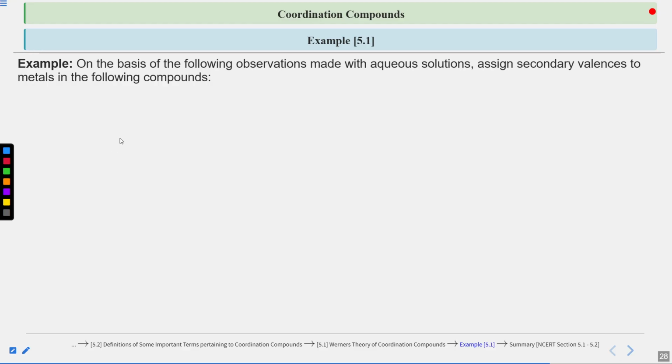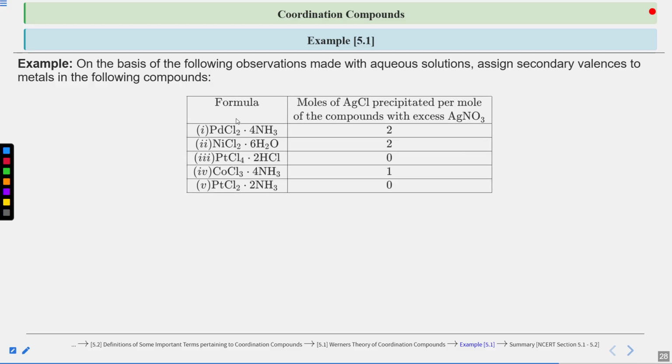Okay, let's solve an example. Example 5.1. On the basis of the following observations made with aqueous solutions, assign the secondary valences to the metals in the following compounds. We have a table where the formula and the moles of AgCl precipitated per mole of compound with excess AgNO3 are given. PdCl2.4NH3 gives 2 moles of AgCl.